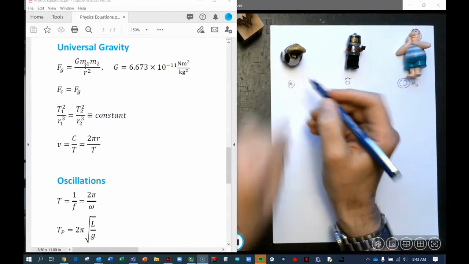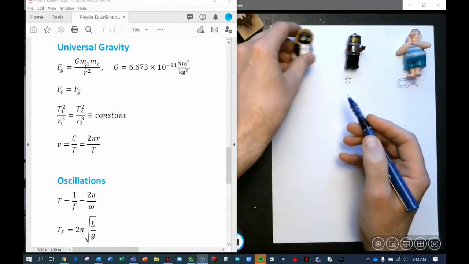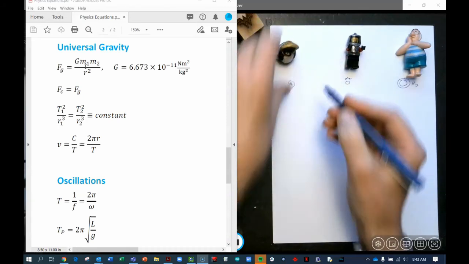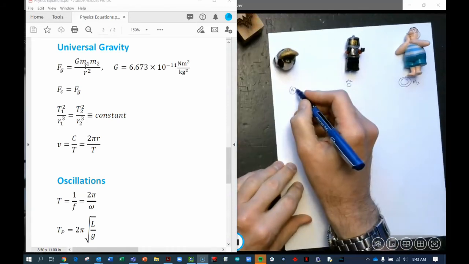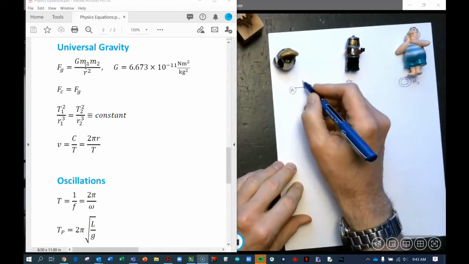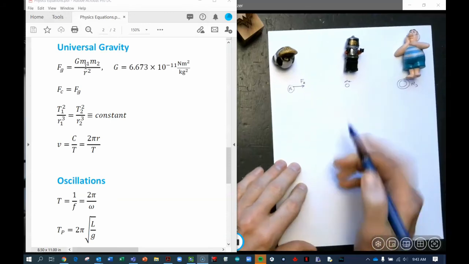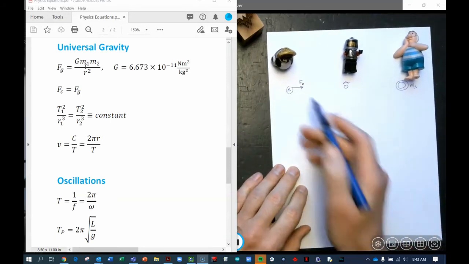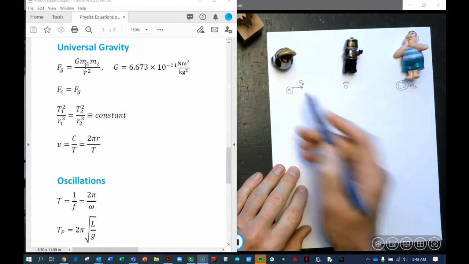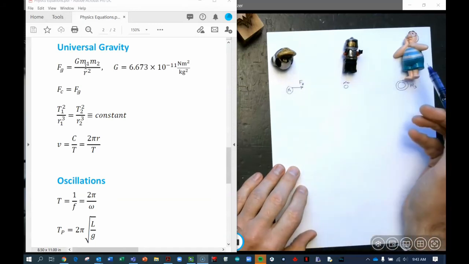This little guy is attracted to the little scuba diver. Okay, and so I would label he's being pulled to the right, and that would be the force of mass 2. We don't know the masses and we don't know the distances, but let's represent it like that. He's also being attracted to the big guy, M3.